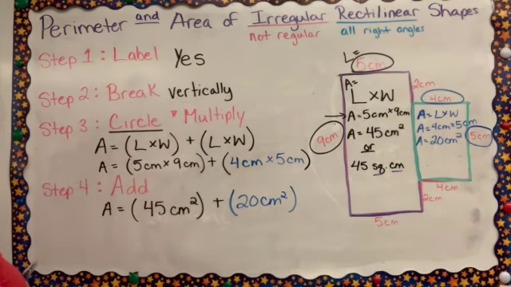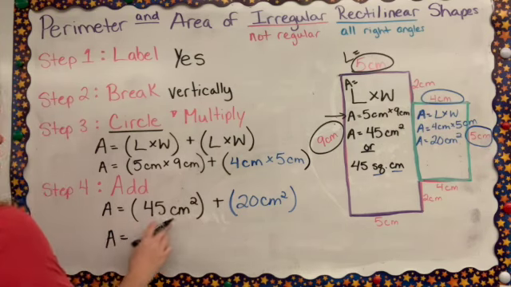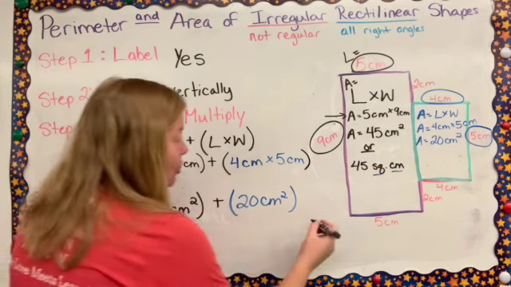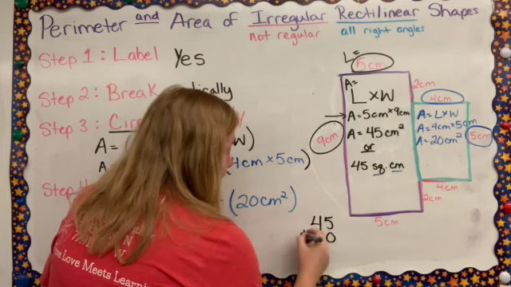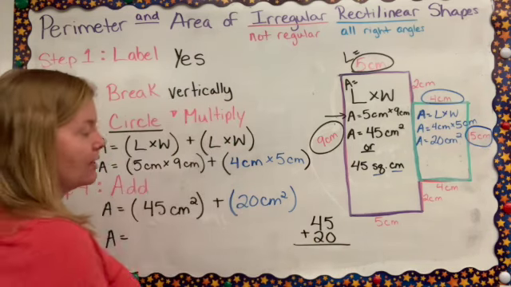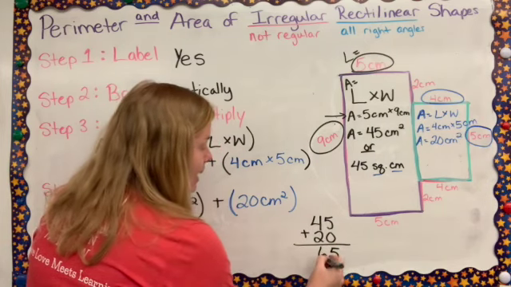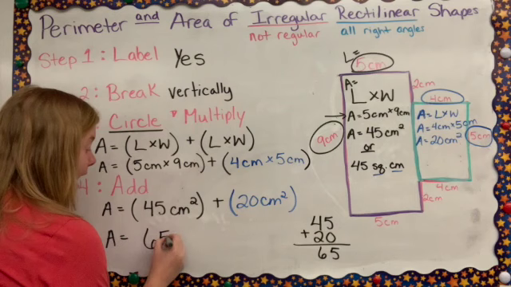Last but not least, you're going to put it all together to give me your final answer. Area equals, what is 45 plus 20? If you cannot do that in your head, then you need to stack and add. 45 plus 20. 5 plus 0 is 5. 4 plus 2 is 6. My answer is 65.